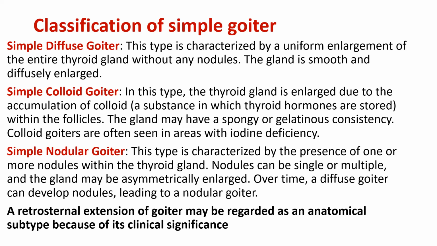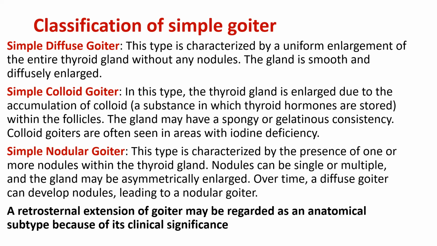So all of these types, simple diffuse, simple colloid goiter, simple nodular goiter, can also be retrosternal, can have retrosternal extension. Sometimes we call it an anatomical subtype because of clinical significance.